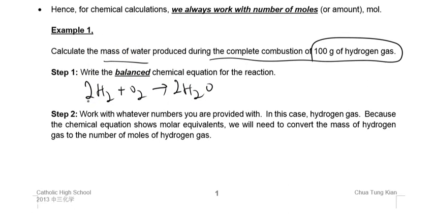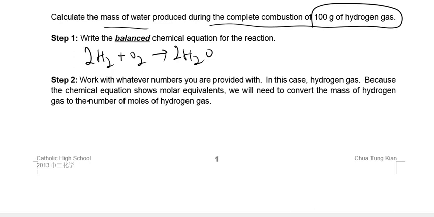Now, the next step is to determine the molar equivalence. So what is the molar equivalent? It is exactly as how you read the question above. Okay, it is how you read the question above. So we know that we have 100 grams of hydrogen gas. So this equation here shows the molar equivalent.